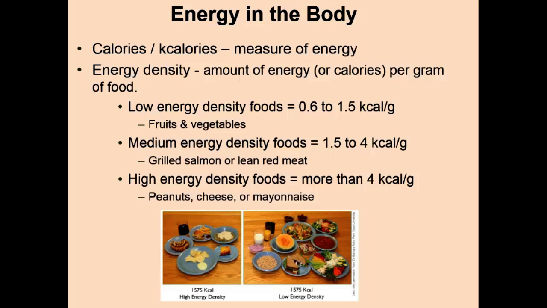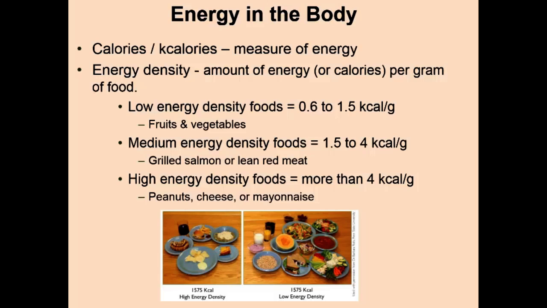The energy that's released from carbohydrates, lipids, and protein can be measured in calories. I'm sure you've heard this word before, but what is a calorie? A calorie is a tiny unit of energy, but it's so small that even a single apple provides tens of thousands of them.